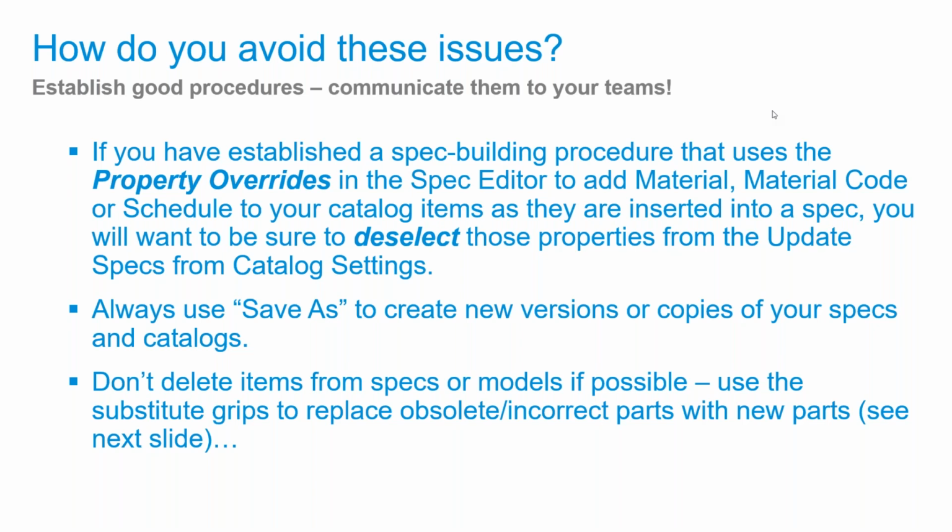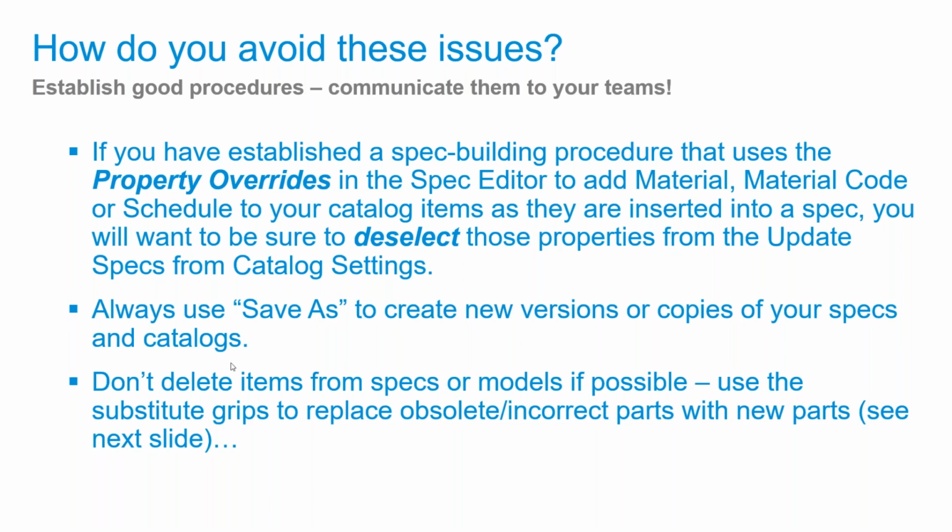Once they are added into the spec, you should deselect those properties from the spec update, because otherwise, with the spec update, those properties will be overwritten again by the original properties from the catalog. So if you're using this feature, property override, you should also configure in the properties selection which properties will be checked and updated, and deselect those properties there.